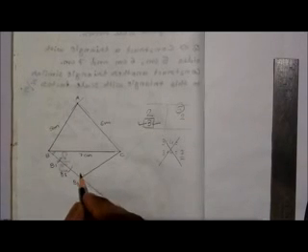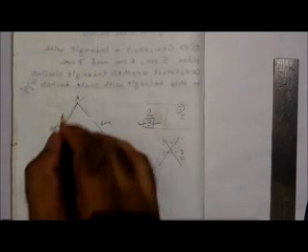Let's name them B1, B2, B3. Join B3 with C. So this is our original triangle, and the similar triangle has scale factor 2/3.